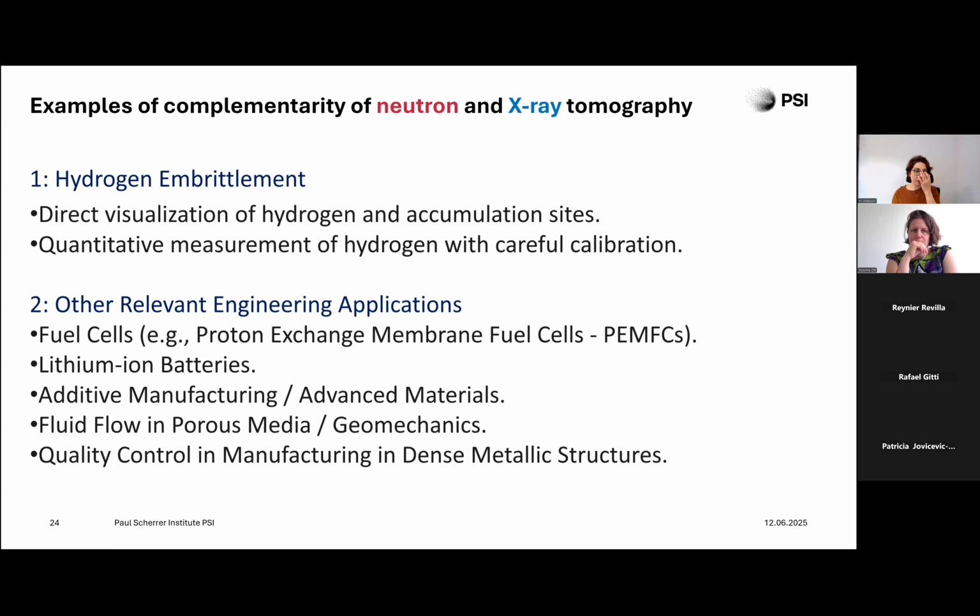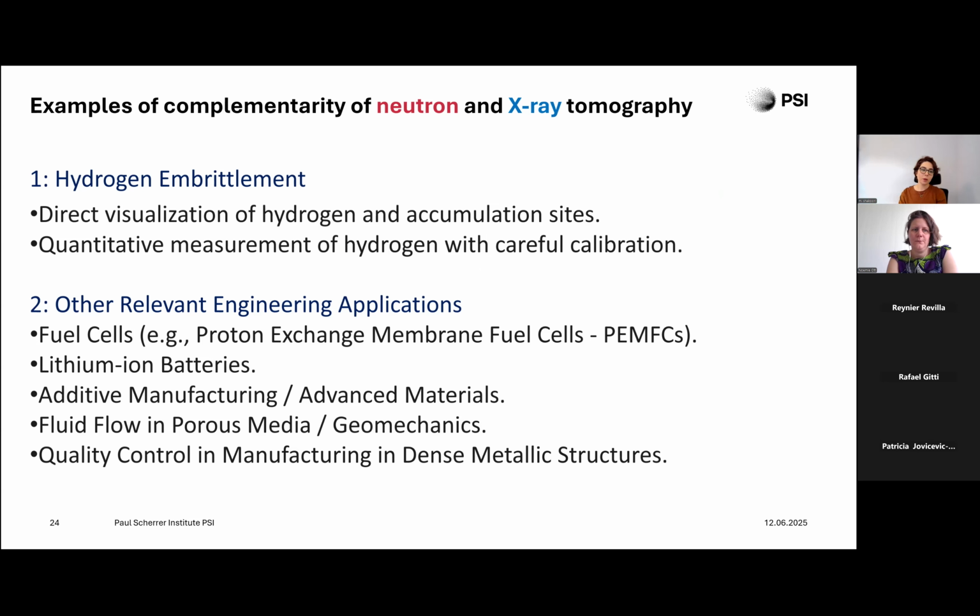Other relevant engineering applications that we usually encounter in our group are, for instance, proton exchange membrane fuel cells, mainly for moisture transport, and lithium-ion batteries, of course, for tracking the lithium distributions.